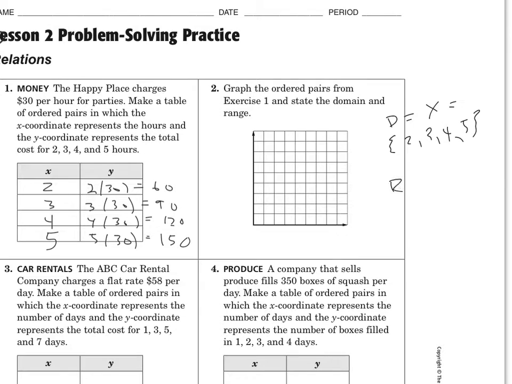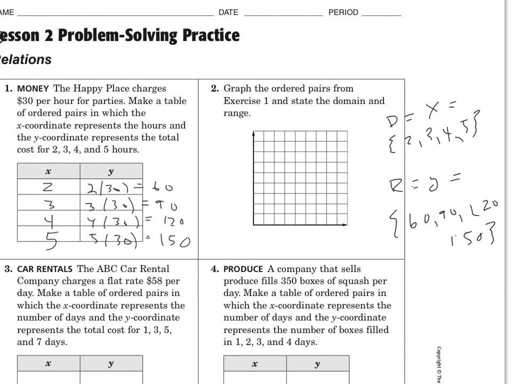The range are the y values that we calculated, and we said that the range is the 60, the 90, the 120, and the 150. So those are the range values, and they're right from the table in problem number 1.